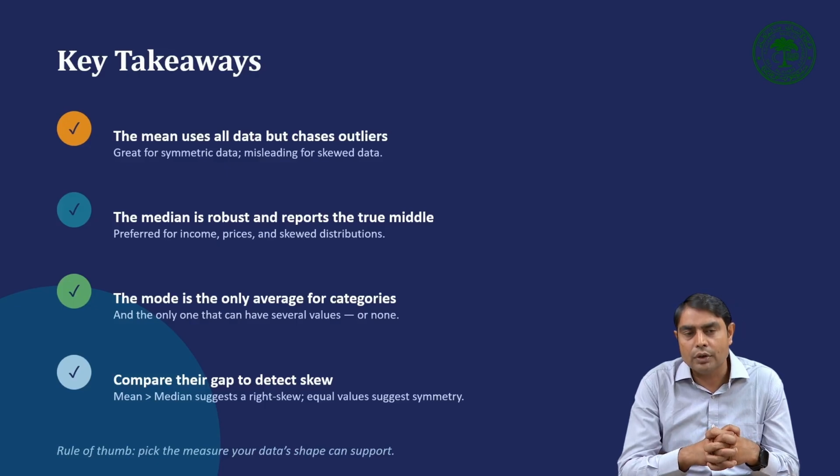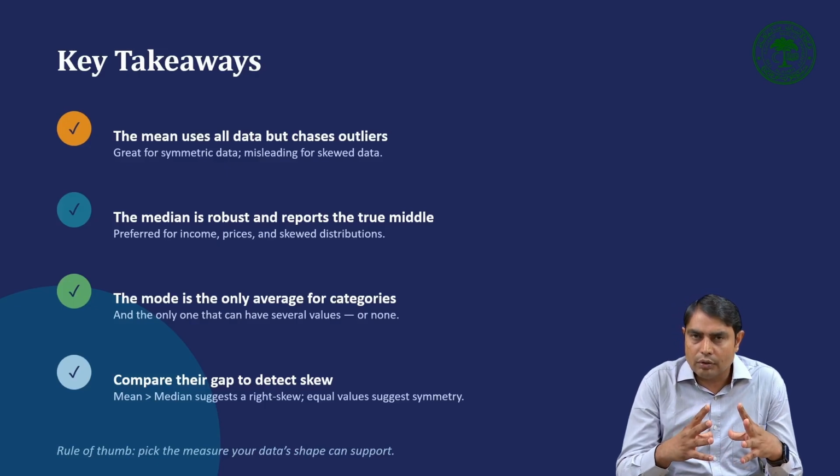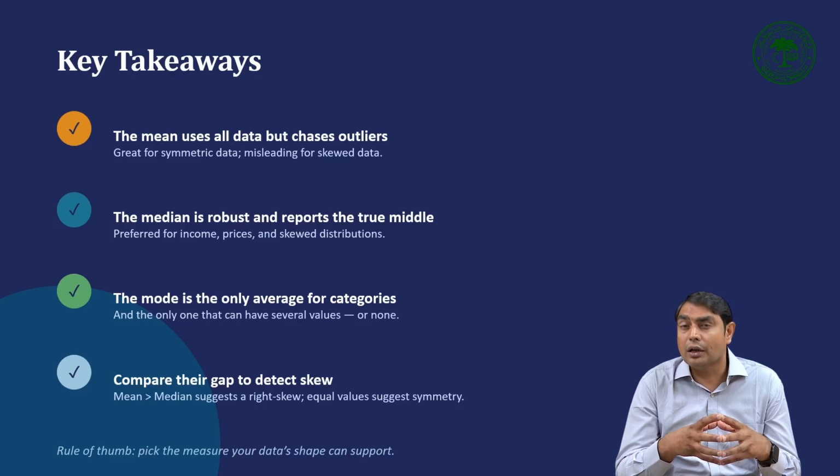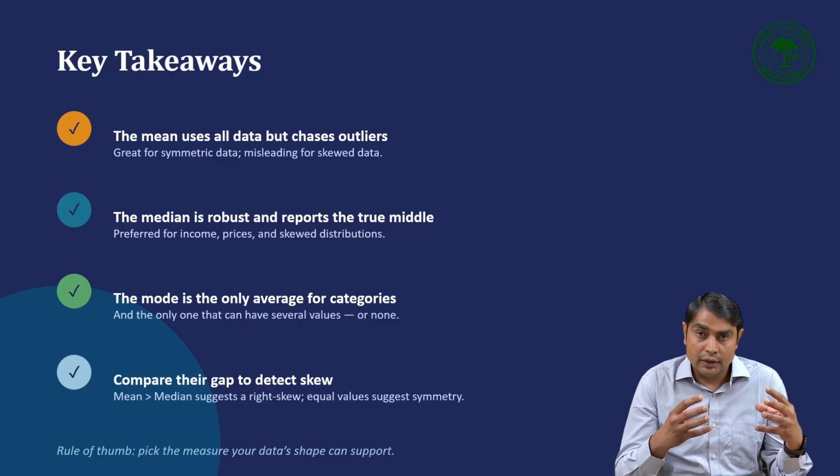Coming to the mode, the mode is the only average for categories that focuses on the repetitions, and that is suitable for categorical data, and it deals with the highest repetition irrespective of whether outliers are there or not.